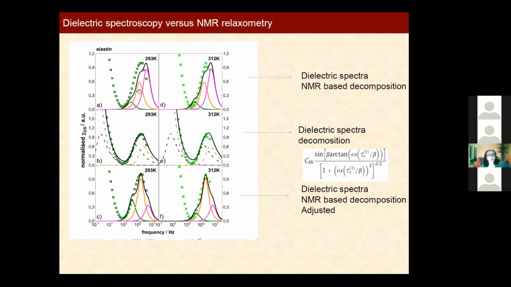So I should rather look only at the correlation times and be free to play with the amplitude of those contributions. If you do that, you can very nicely reproduce the dielectric spectrum. So it gives you something to think about, because maybe the decomposition is not artificial. Maybe those processes really do exist, because they seem to be confirmed by dielectric spectroscopy.